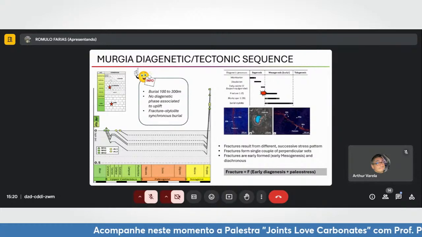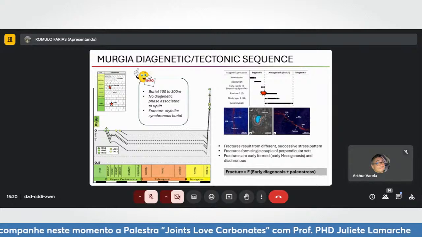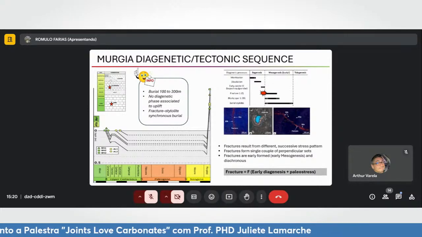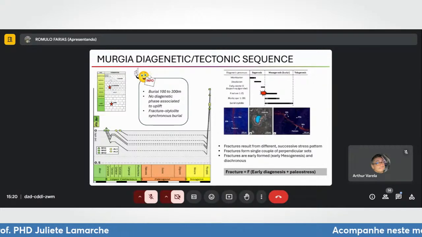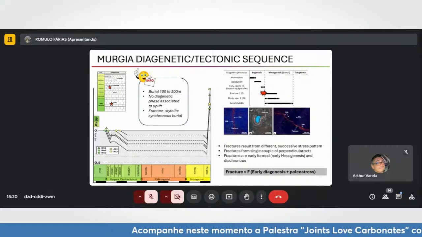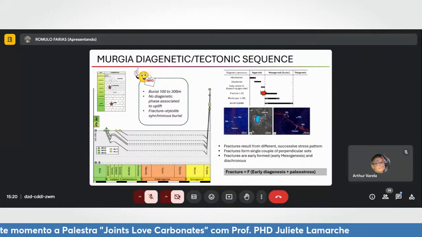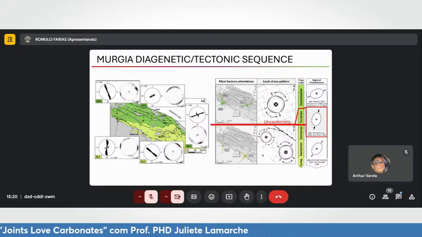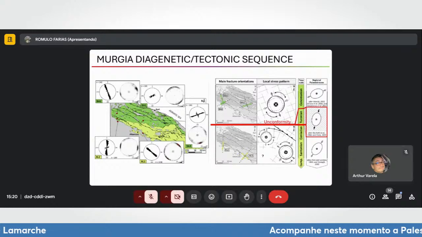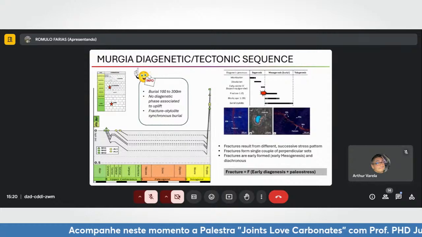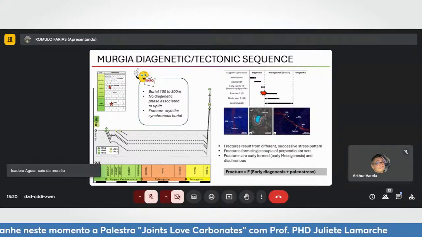Wherever we are, the lower Cretaceous has one brittle event and the upper Cretaceous has one brittle event, which is surprising, because you can imagine that if this is early diagenesis, it occurred before, and when this is fractured, it should create a second event of fracture in the lower rocks. This is not the case. And with this information, we know that these were formed during early Cretaceous and these were formed during late Cretaceous. So it's two tectonic events. And the second one did not affect the lower Cretaceous.